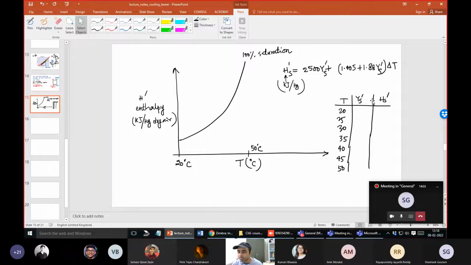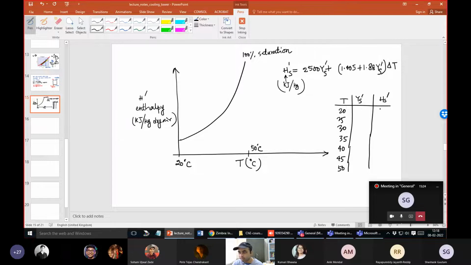So this is how you can construct the saturated enthalpy or the equilibrium curve here. As I said, the alternative way is also to look into the psychrometric chart and note down the HS values. Both ways are possible. In the psychrometric chart, you have this curve for 100% saturation corresponding to the enthalpy. So from there also you can note down these values, or you can calculate it using this formula.